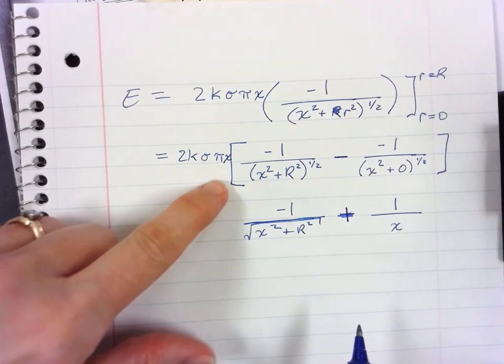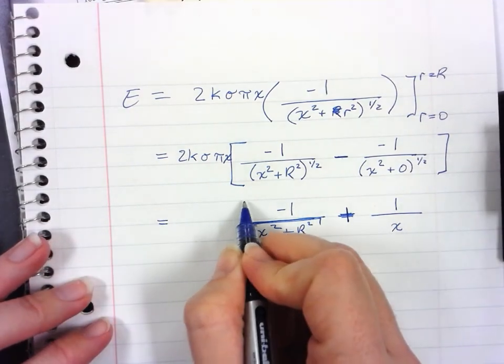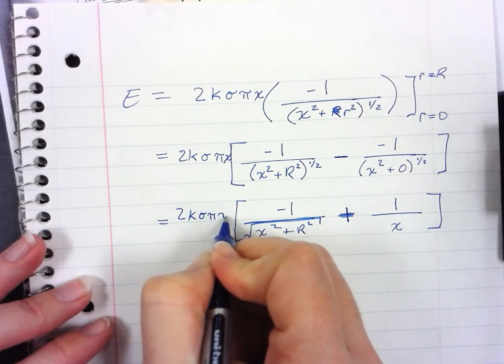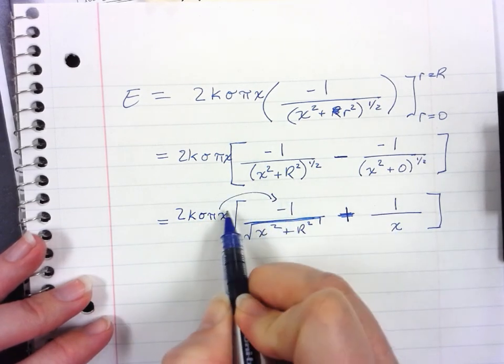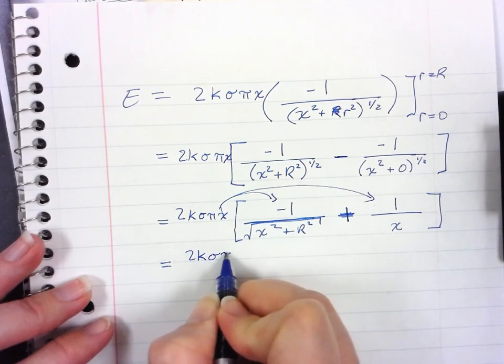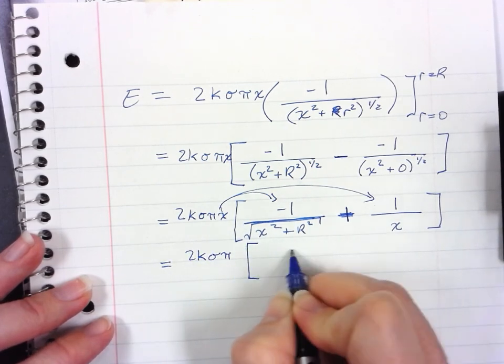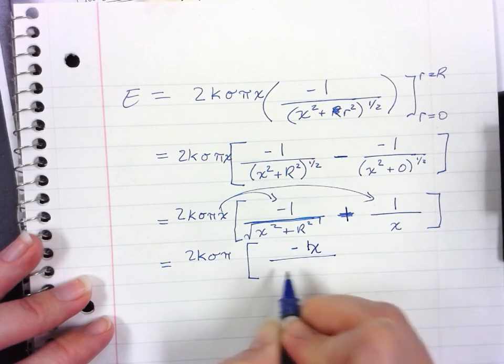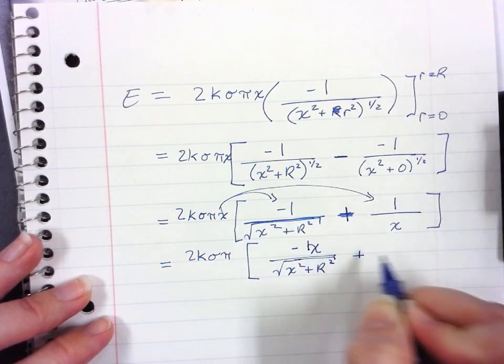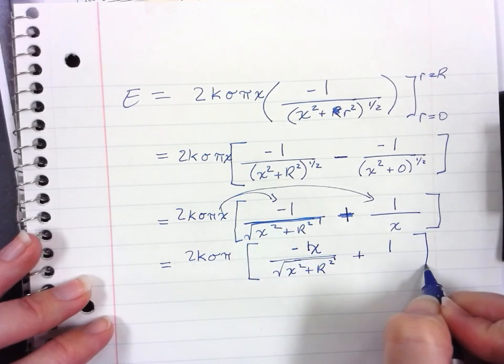I am now going to distribute that x. So I am actually going to copy down the constants. 2k sigma pi x. Distribute the x here, distribute the x here. So we get 2k sigma pi times -x over square root of x squared plus r squared plus x times 1 over x is just 1.